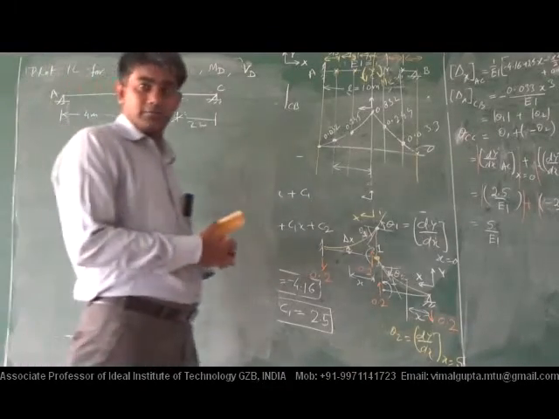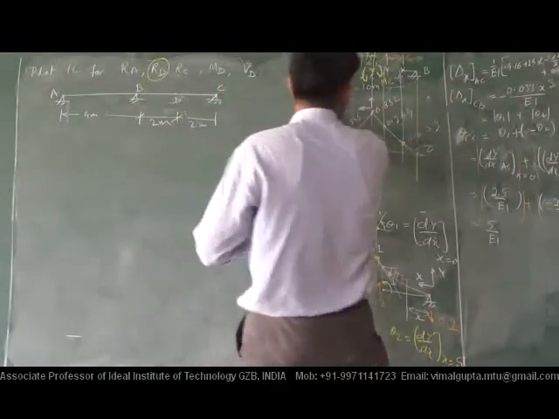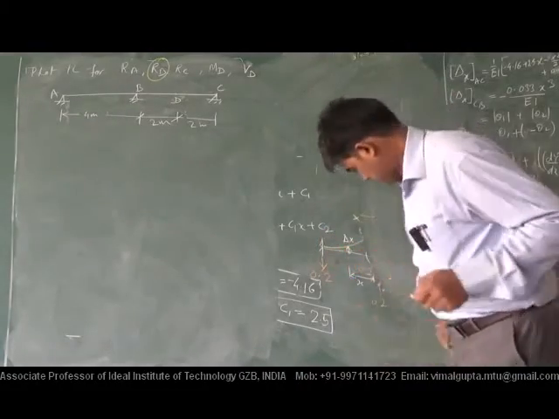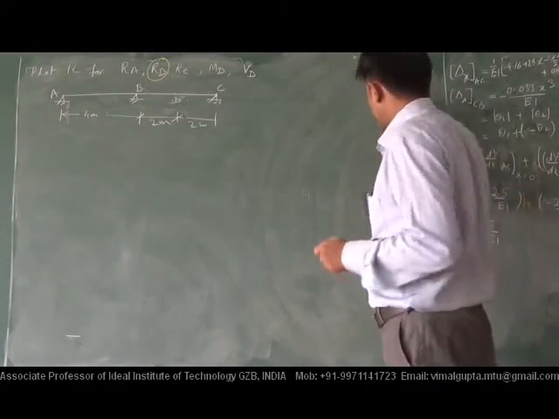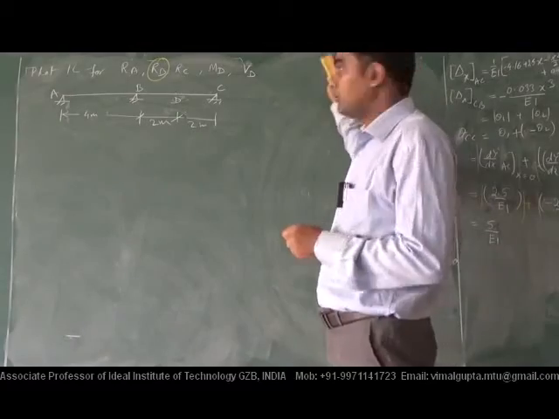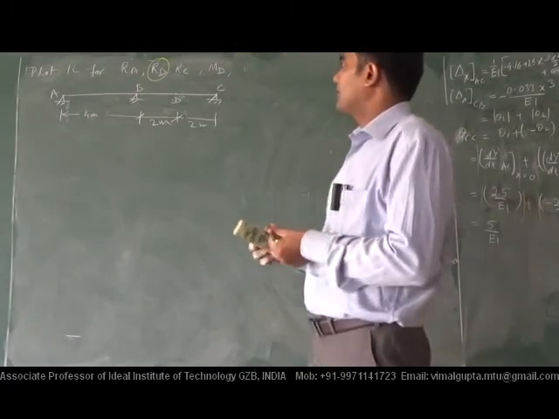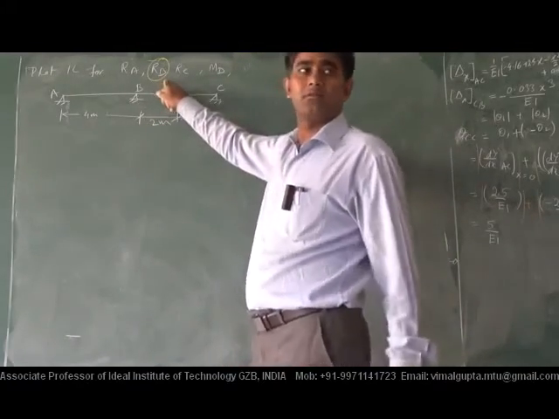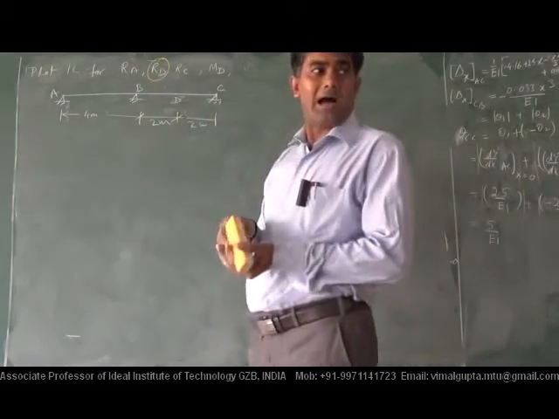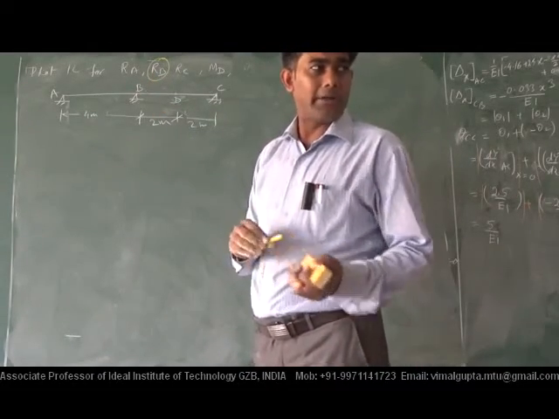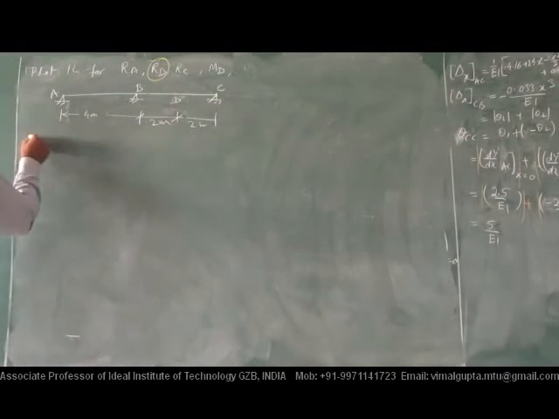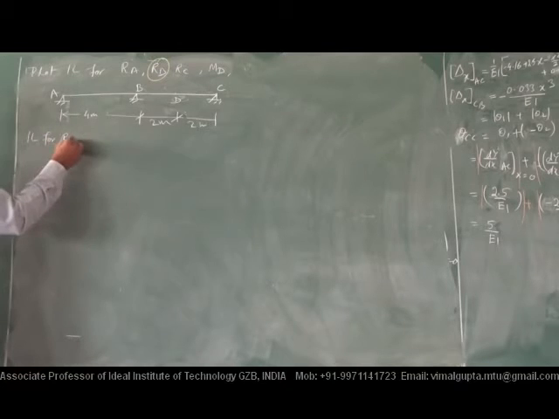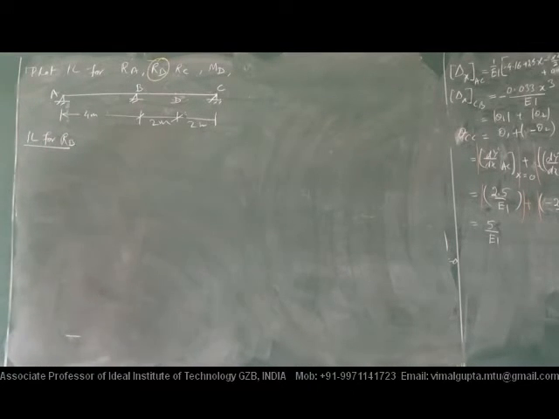So I am going to make the calculation for IL of RB. So IL for RB. IL for RB.